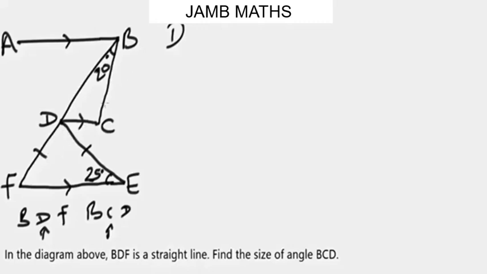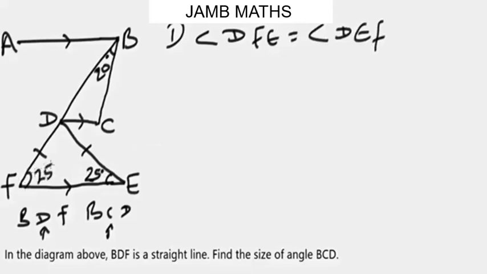Since it's isosceles, it means that angle DFE equals angle DEF. That means we have to put 25 degrees here. It's isosceles because of these two dashes. These 2 dashes indicate that the length of the line at both sides is the same.